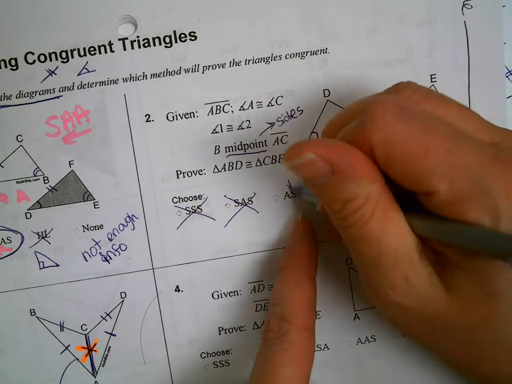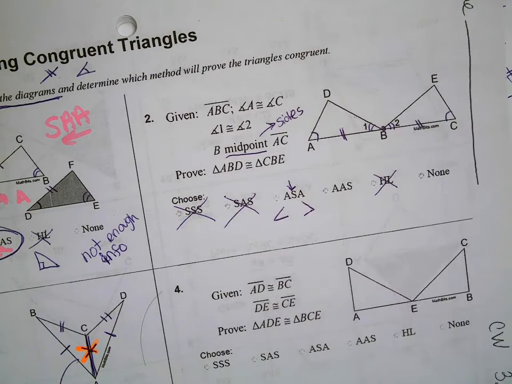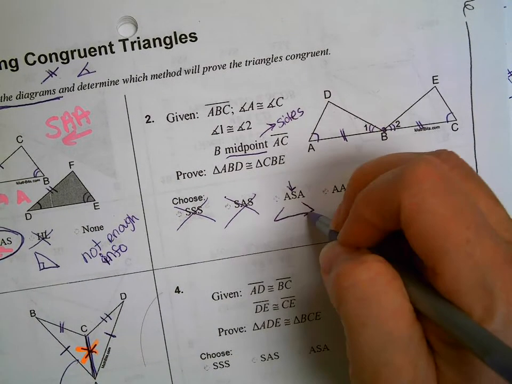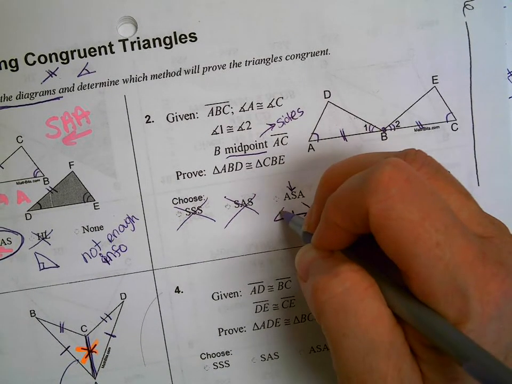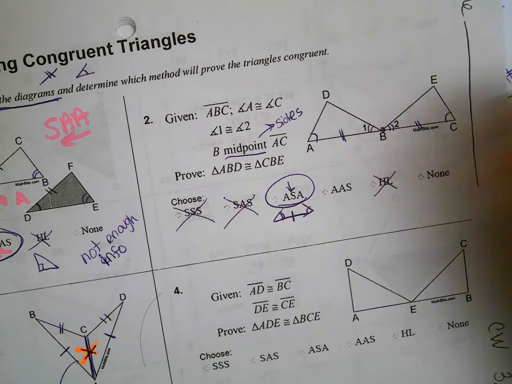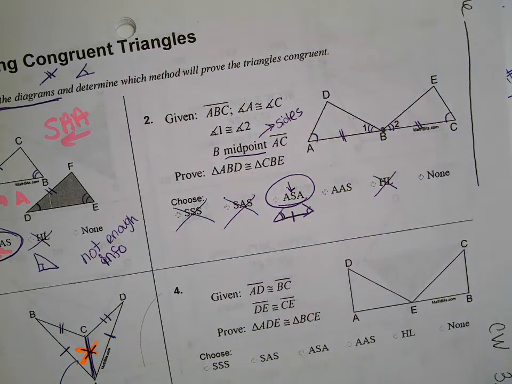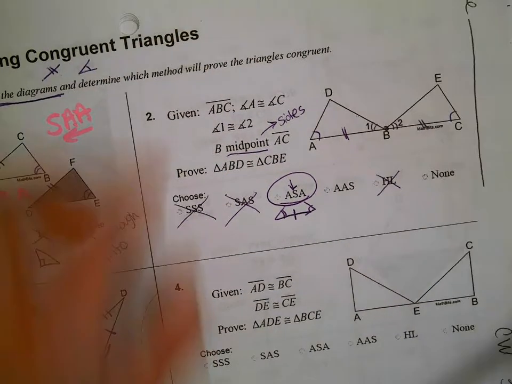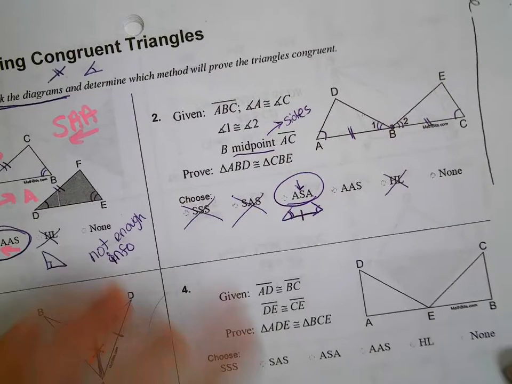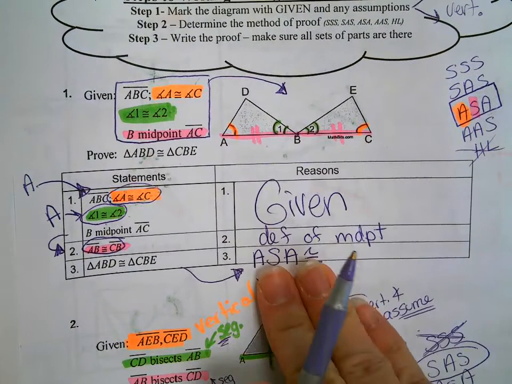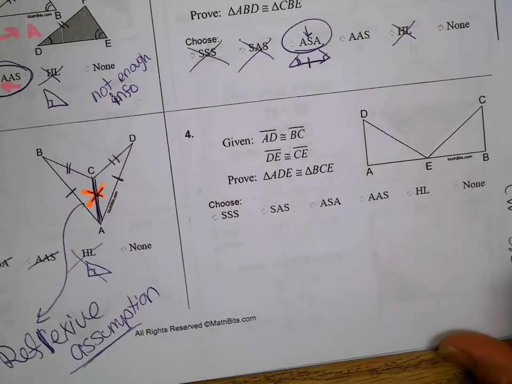So since we have the side between the two angles, it is going to be angle, side, angle. And this is actually one of the proofs we just did. This exact information is the start of the process where we finish out that proof over here, just to show you where these proofs are going.